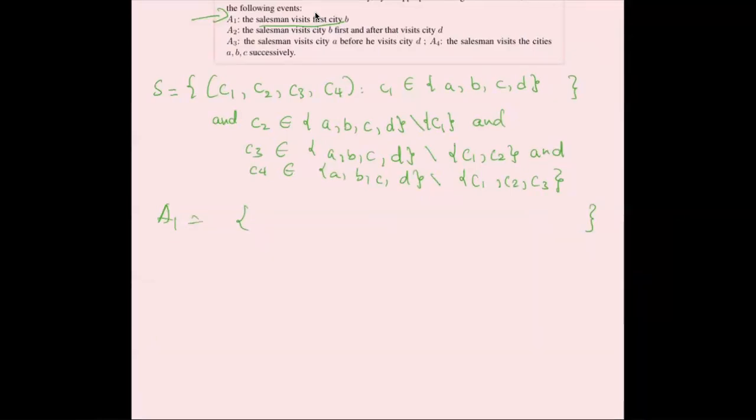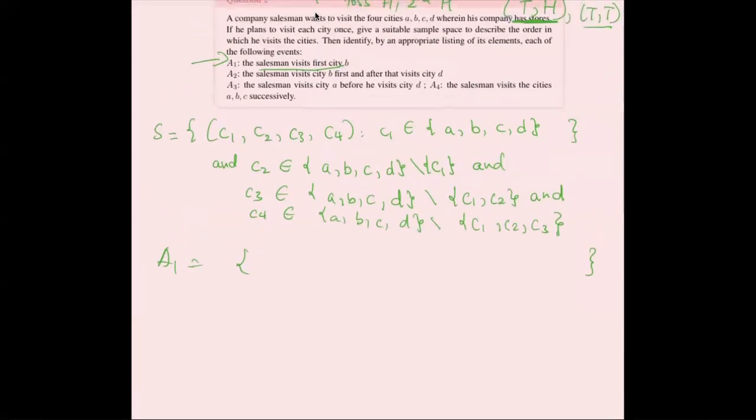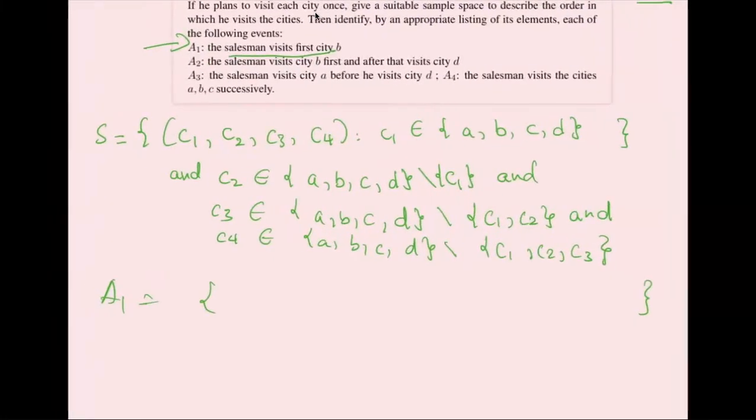You can for sure list it out if you want, but I'm telling you that it is a lot if you try to list it out. So maybe you can use a tuple like what I did for the sample space. I want CD B to be visited first, so I will put it in the first position. And I don't know the values of the other CDs.